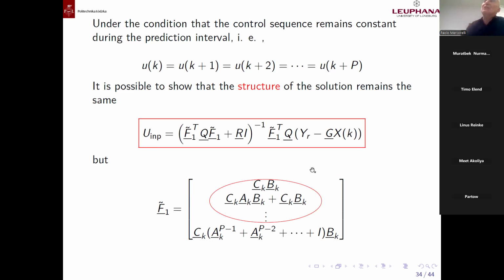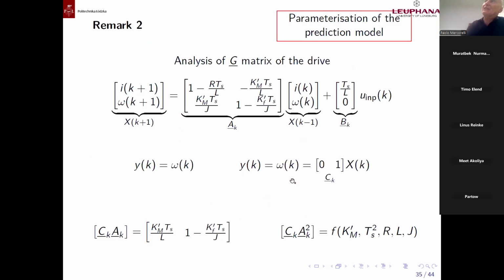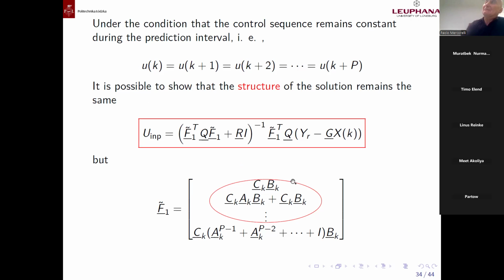It could be considered to simplify the calculation. As I told you, one of the problems is the calculations, in particular if you have very long control horizons or prediction horizon. In our case, both. I mean, we have a condition control horizon equals prediction horizon.